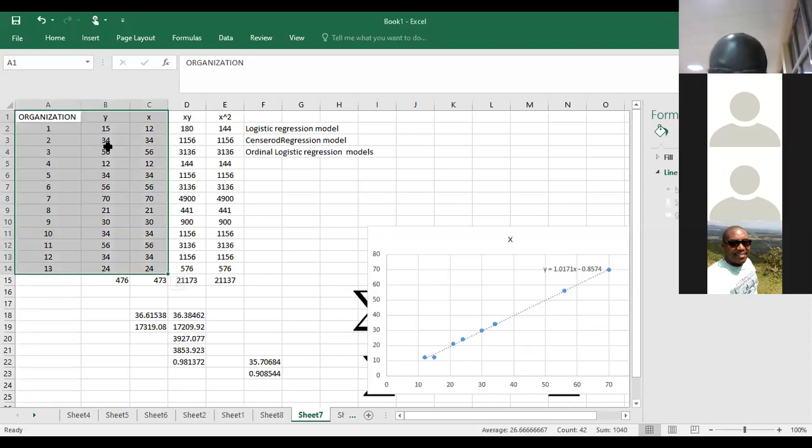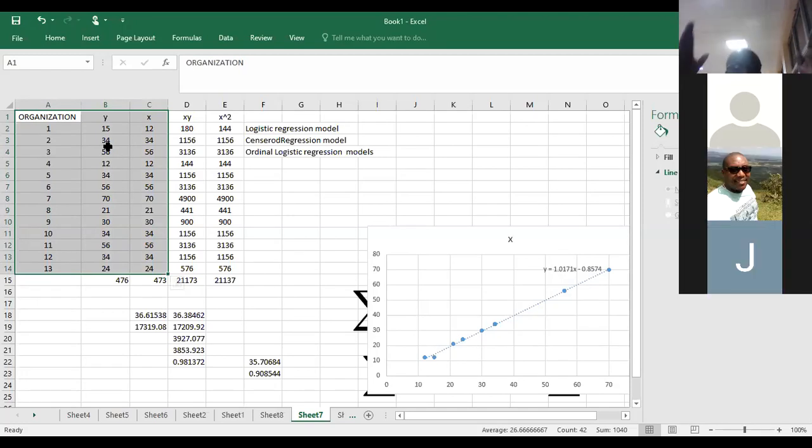And determine, you remember X was the advertisement cost. Determine the advertisement cost if the sales volume is 80 shillings, probably in millions, 80 million shillings.